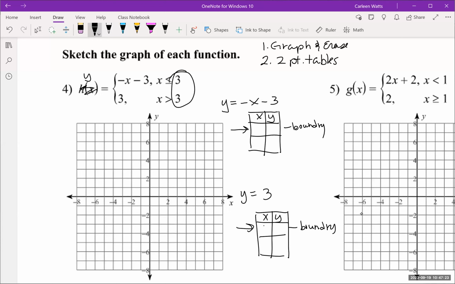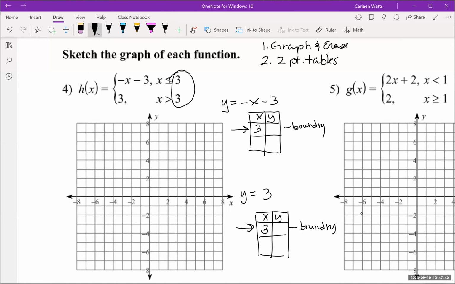Yeah, x equals 3 goes on the first line. And I got it from the boundary, not from that one, not from that one. That's kind of not great that they both have a 3. Everything's a 3 here. Yeah, I got it from the boundary.